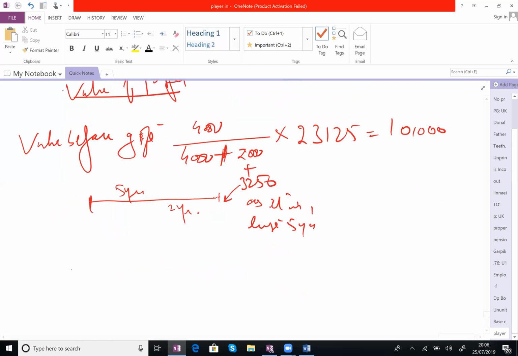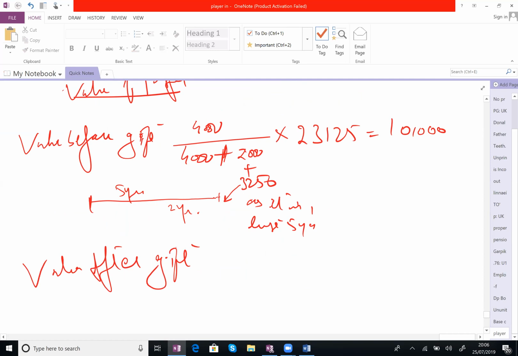And now value after gift. You are gifting 2,000 shares to your daughter. So after gift, how many shares do you have left? 2,000. 2,000 divided by 2,000 plus related parties. Related parties still have these shares, so 2,000 plus 3,250 charity into combined value.